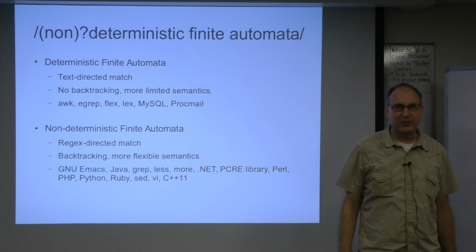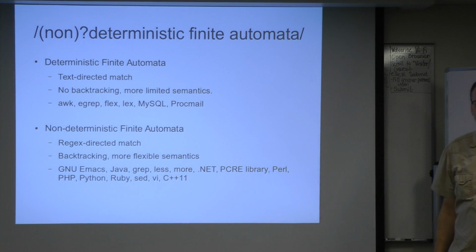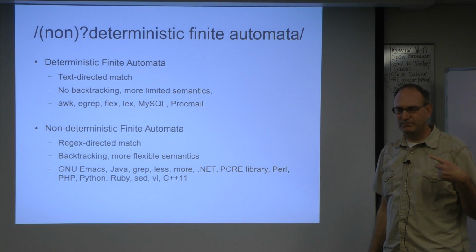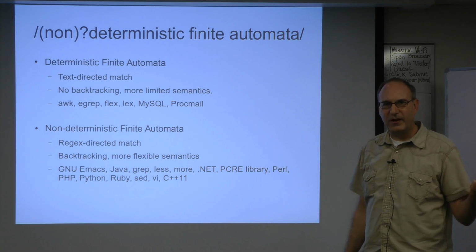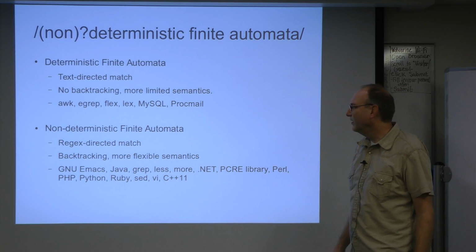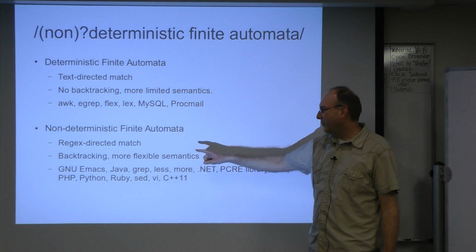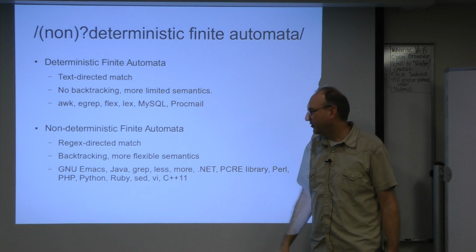DFA will typically be a more simple regular expression. Deterministic finite automata doesn't allow for things like back references or look behind assertions, whereas non-deterministic finite automata engines allow for backtracking and some more flexible semantics.